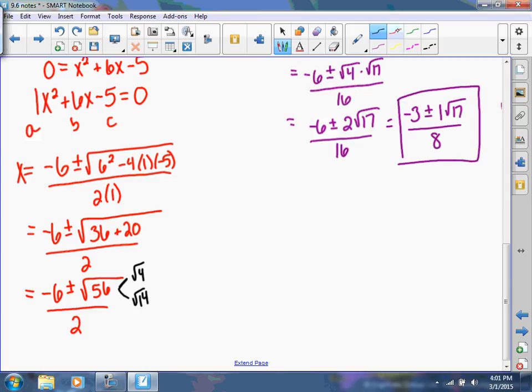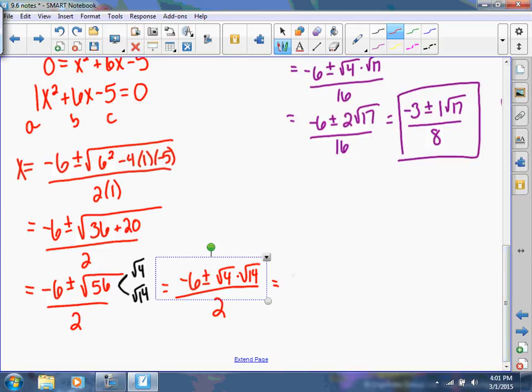Okay, so I can rewrite that. -6 plus or minus the square root of 4 times the square root of 14 all over 2. And then that will be -6 plus or minus 2 square root 14 all over 2.